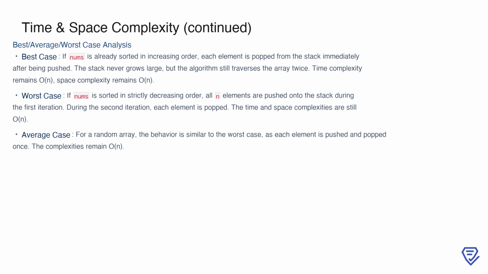In the worst case, where the array is sorted in strictly decreasing order, all elements are pushed onto the stack during the first iteration and popped during the second. Even so, the time and space complexities both remain O(n). For an average, random array, the behavior closely resembles the worst case, as each element is still pushed and popped once. Regardless of the case, the time and space complexities remain consistent at O(n).